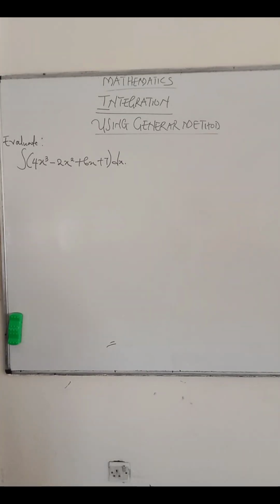Now, looking at this question, how are you going to solve it? Please, whenever you integrate in this kind of form, this is the integration by general method, whereby any number that you see attached to s is a constant. Please, are you taking note of it?